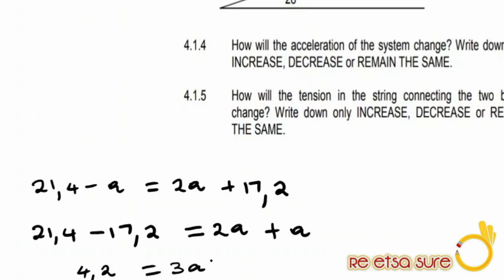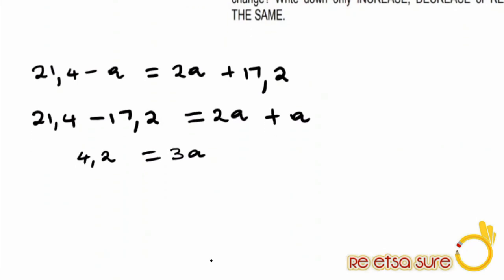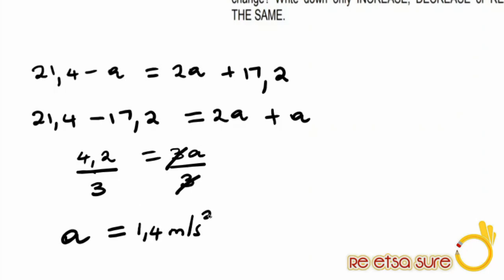So from here we must divide both sides by 3. 3 cancels 3, and we are left with a equal to 4,2 divided by 3. My answer is 1,4 m/s².